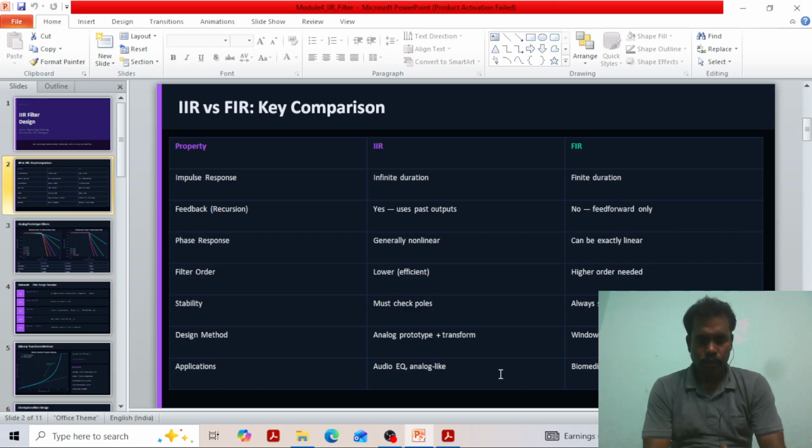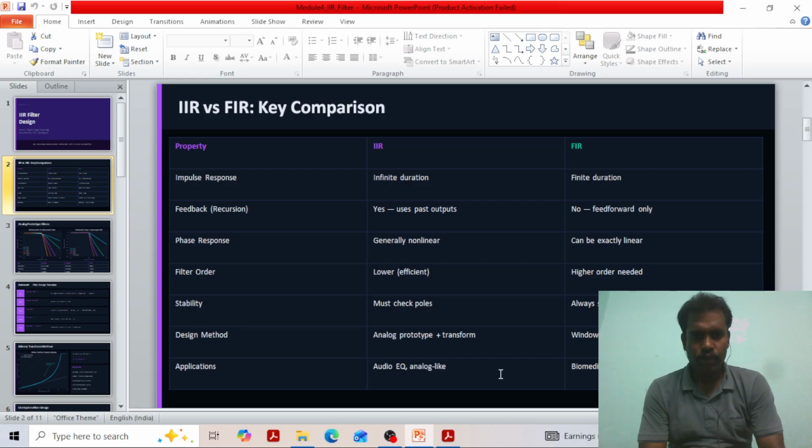Then if the frequency increases, the phase also varies linearly. Whereas if you consider IIR versus FIR, the phase response in an IIR filter is non-linear, but in FIR we can get exactly linear phase response. So it is the most important advantage of FIR filters over IIR.